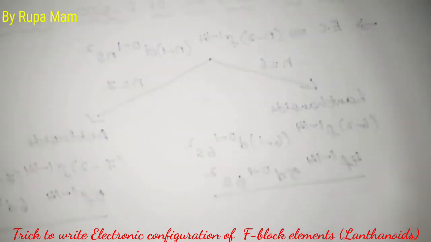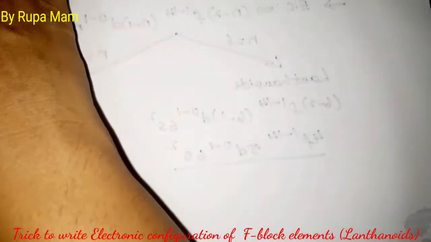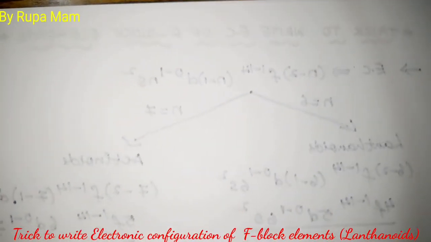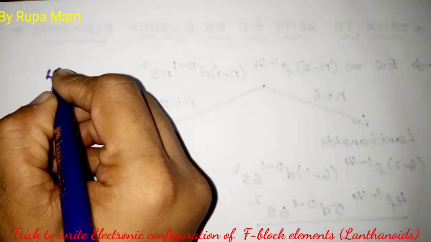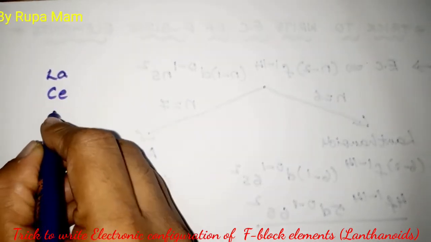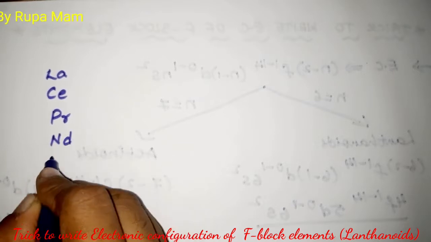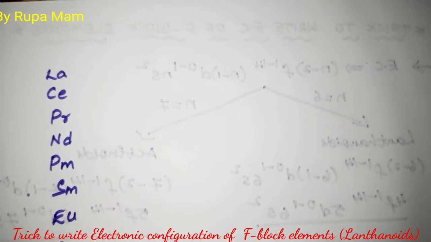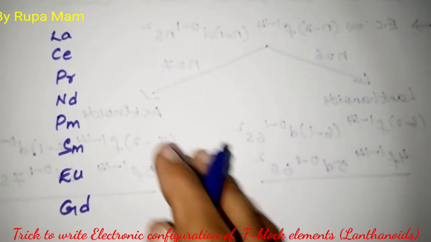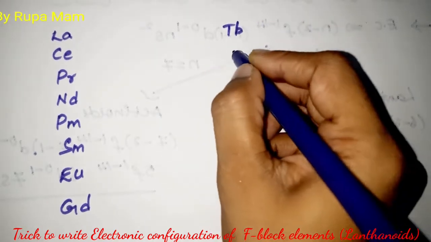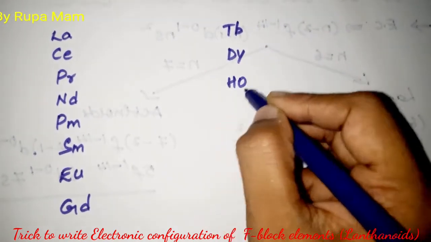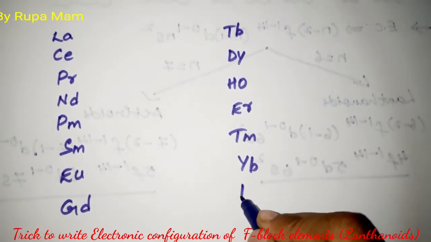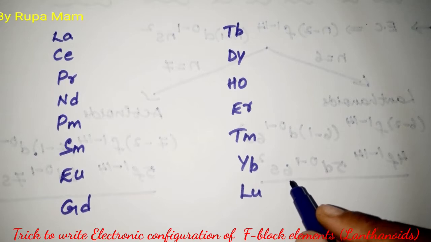The series starts from lanthanum and ends with lutetium: lanthanum, cerium, praseodymium, neodymium, promethium, samarium, europium, gadolinium, terbium, dysprosium, holmium, erbium, thulium, ytterbium, lutetium. These are the lanthanide elements.